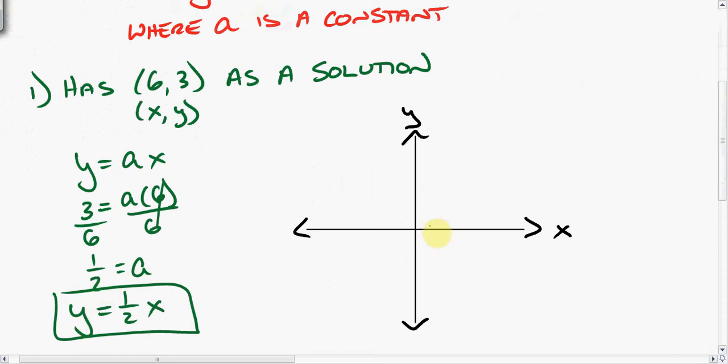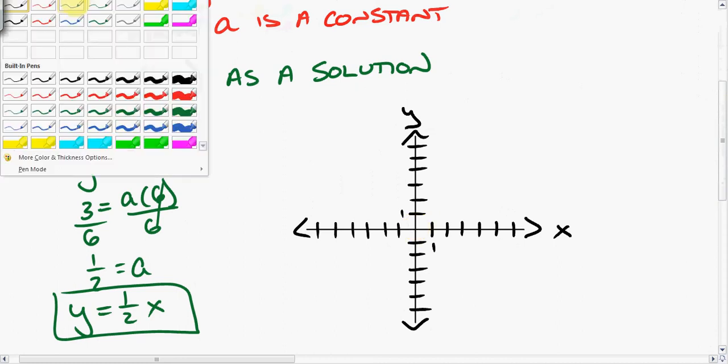So we've got 1, 2, 3, 4, 5, 6 in each direction, and then 6 going down as well. And so every tick mark is going by 1.